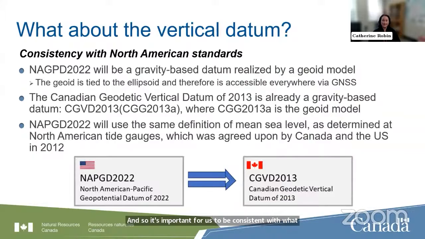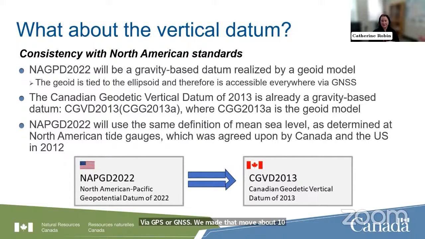On the vertical side, this is still a story about consistency with North American standards. As explained earlier, NAPGD2022, the new height system in the US, is evolving to be a gravity-based datum realized by a geoid model. Because the geoid is tied to the ellipsoid, you can access that everywhere via GPS or GNSS. We made that move about 10 years ago now.